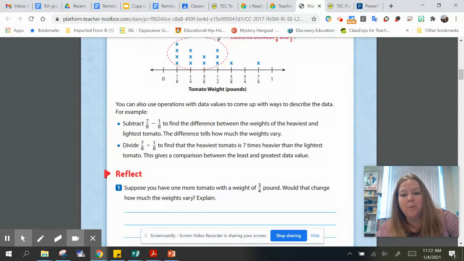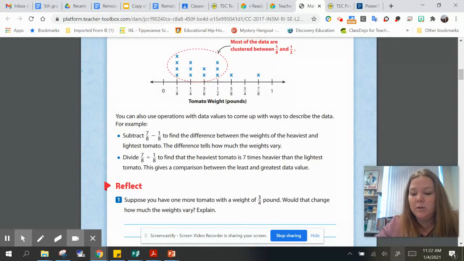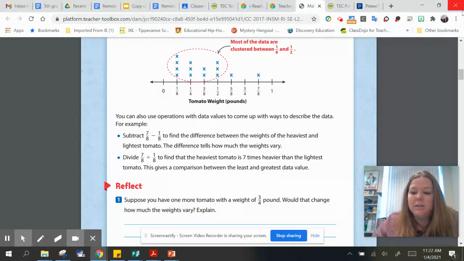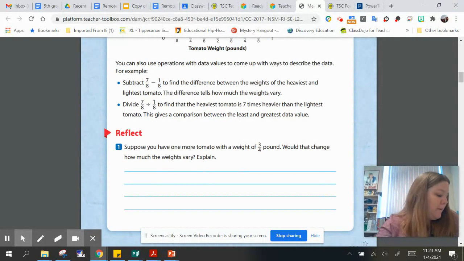If we were to put an X at 3/4 right there, it honestly would not change the weight, because 3/4 is not the heaviest and it's not the lightest. So the variation will not change. The difference will stay the same between the lightest and the heaviest. So you just need to put no because it's not the heaviest or the lightest tomato.